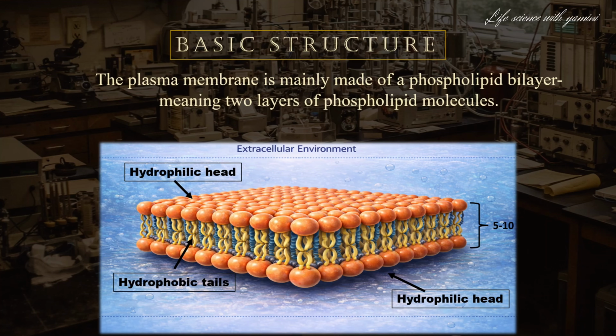In this structure, we can clearly visualize the head molecules and tails. These are hydrophilic heads, which are water loving, and a hydrophobic tail, which is water hating. The membrane thickness is about 5 to 10 nanometers.